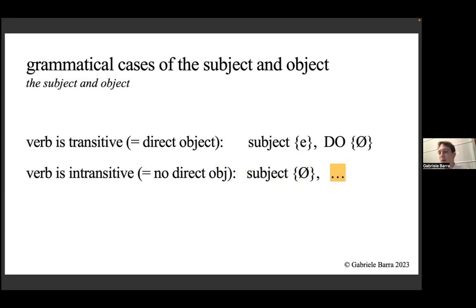While again, the object can appear in any oblique, prepositional case: locative, the genitive, the comitative, and so on and so forth, the terminative, etc.